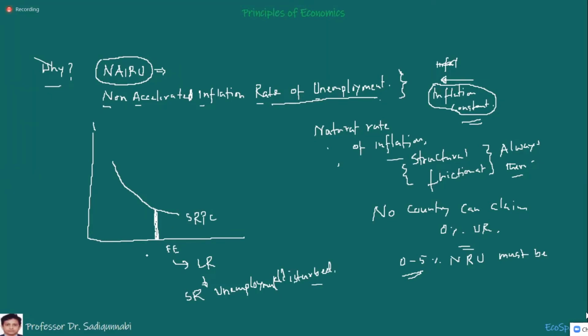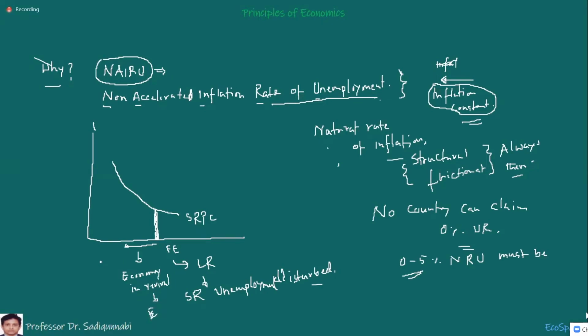And suppose in the short run, the government tries to reduce unemployment, or for some reasons, we are going to create more employment. Okay. That means suppose the economy is in boom, or the economy is in revival, so employment is created.